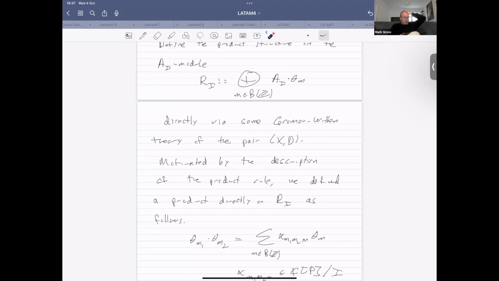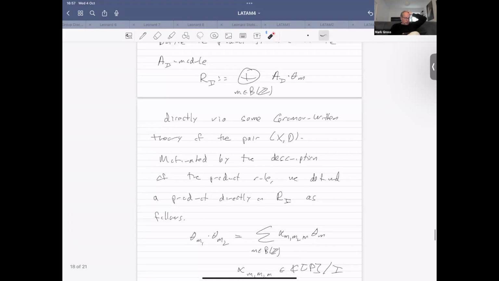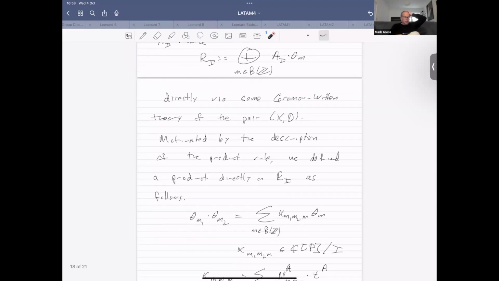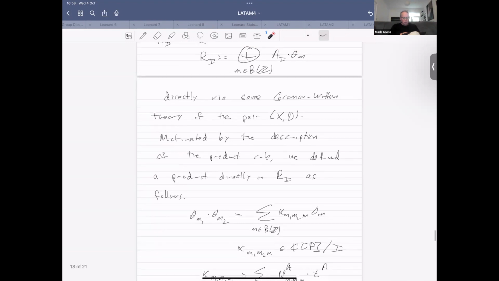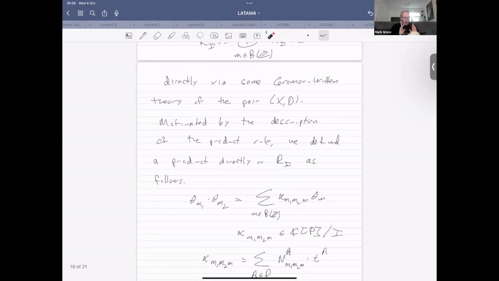Now, I could have started this whole story by just saying, let's start with this pair XD, we take this B, and once we have B, we have this ring or this module, and then I could tell you about this product without having gone through the last 3 hours or so of lectures. But my goal was really to explain how we got to this point.